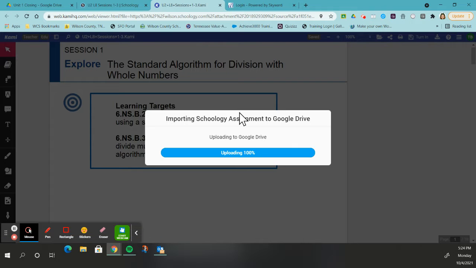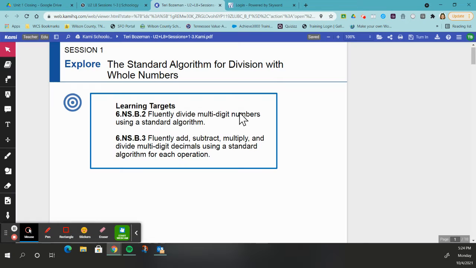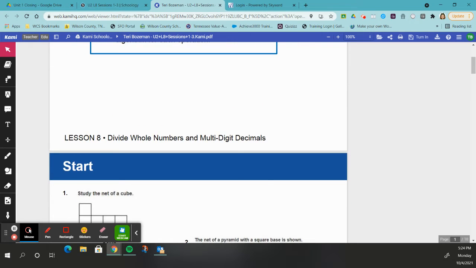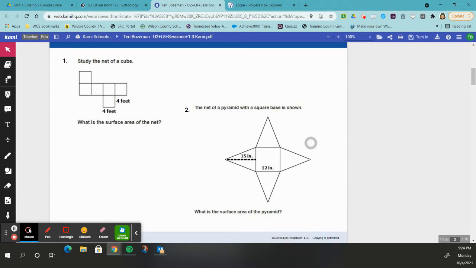So Lesson 8 is all about fluently dividing multi-digit numbers. And again, we see that use a standard algorithm. And then, of course, with our decimals, to also be able to still add, subtract, multiply, divide decimals, again, with standard algorithm.